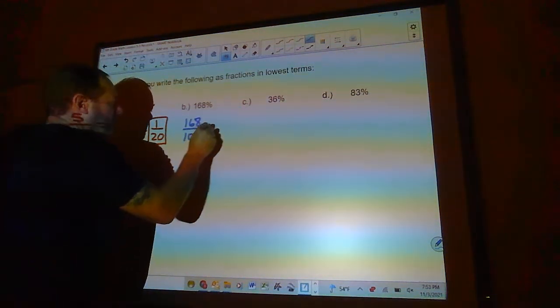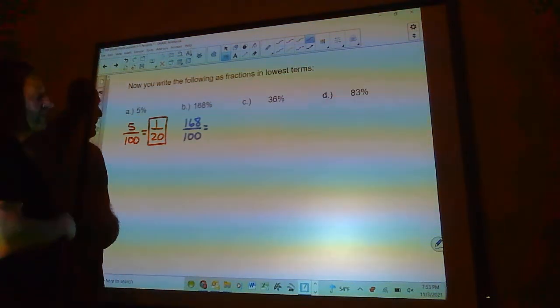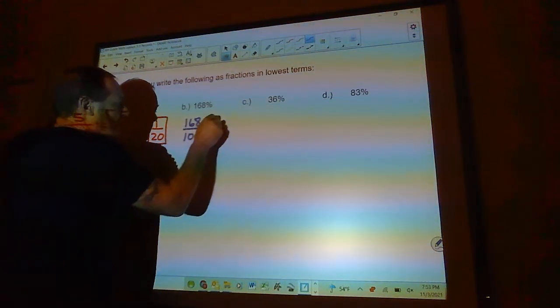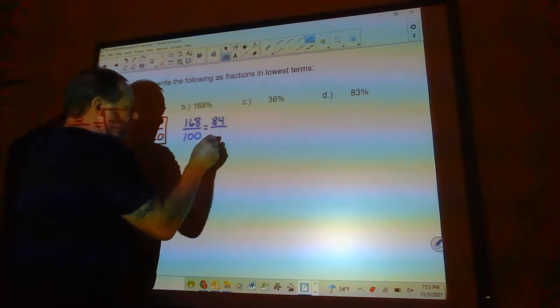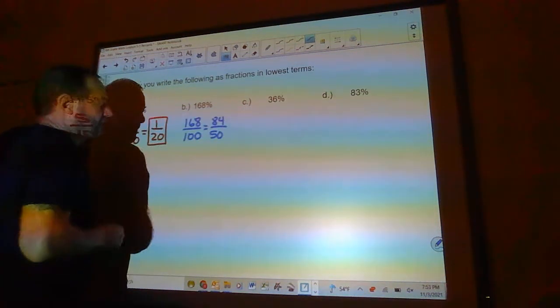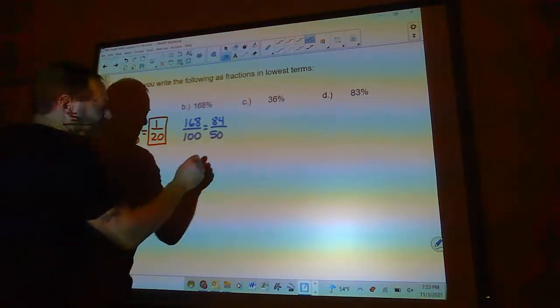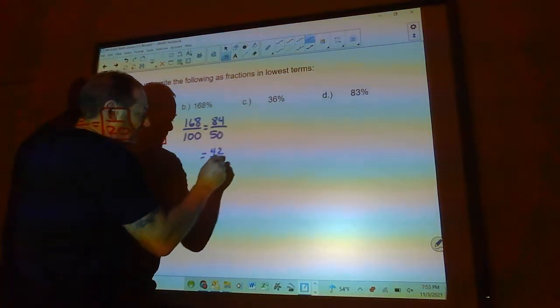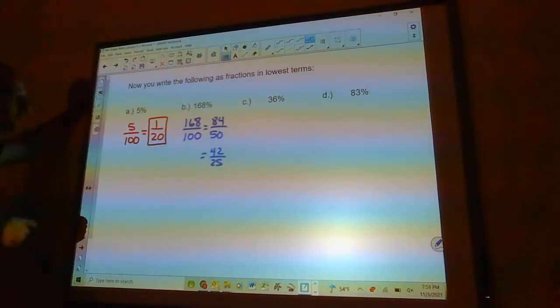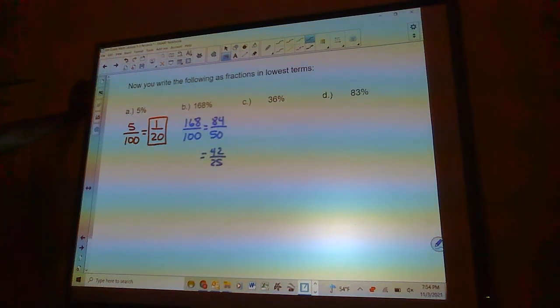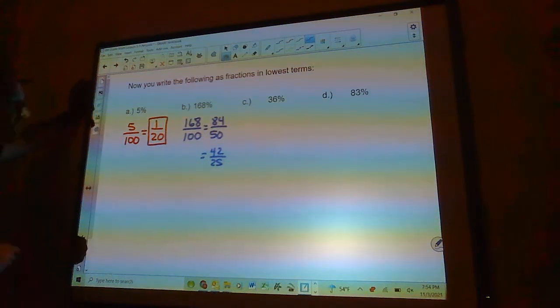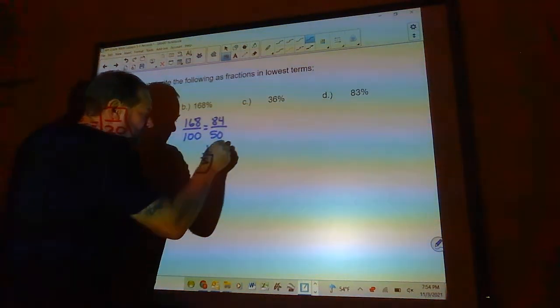We can definitely get 2 out of there, that'd be 84 out of 50. I could get another 2 out of there, that'd be 42 out of 25. Divided by 2, divided by 2. So there we go, 42 out of 25.